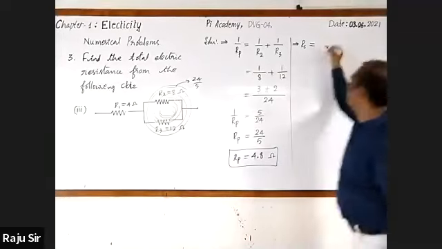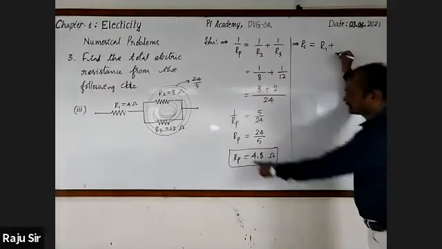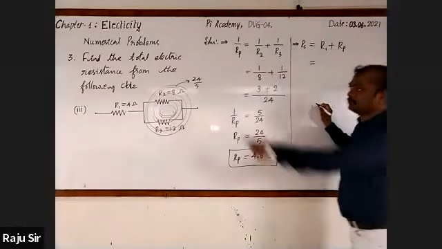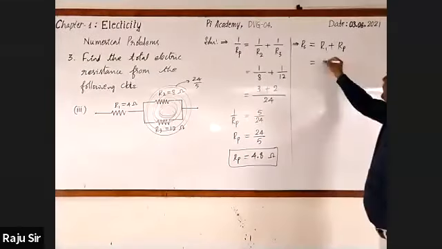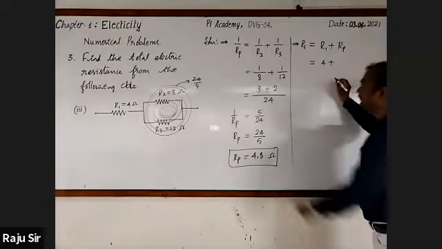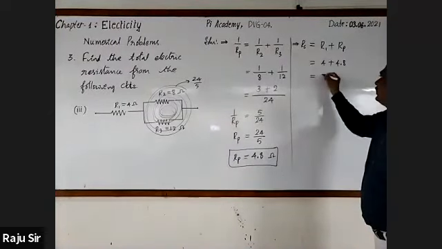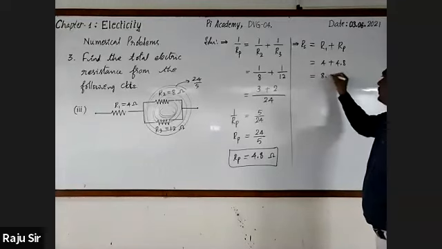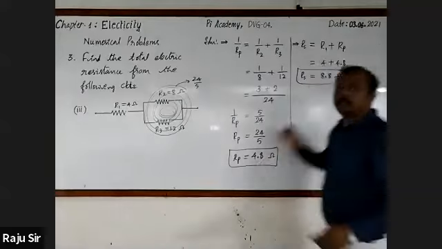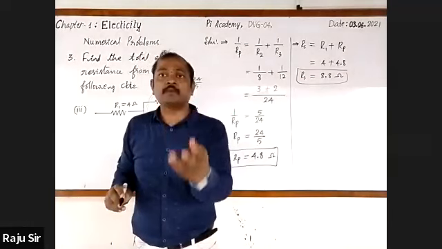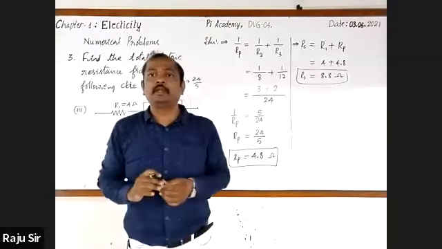R1 plus RP, where R1 is 4 ohm plus RP, 4.8 ohm, is equal to 8.8 ohm. Therefore the total effective resistance offered by the circuit is 8.8 ohm.